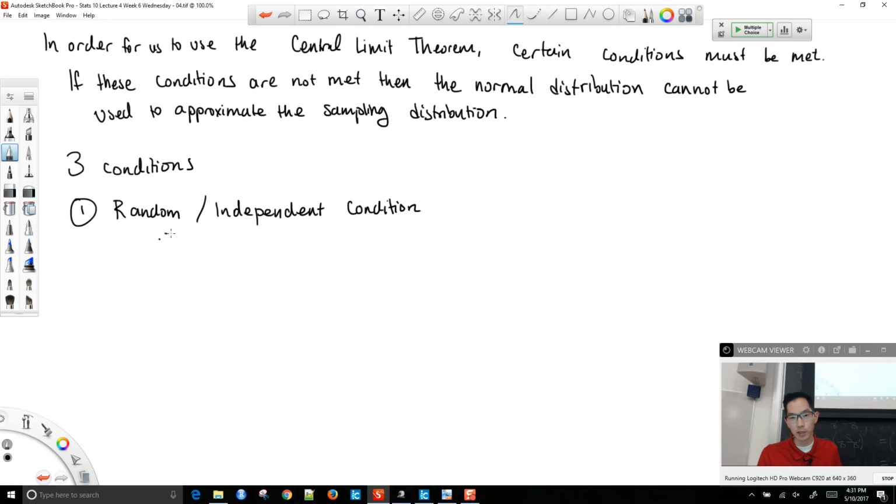So the sample we are looking at must be selected randomly, and the individuals must be independent.